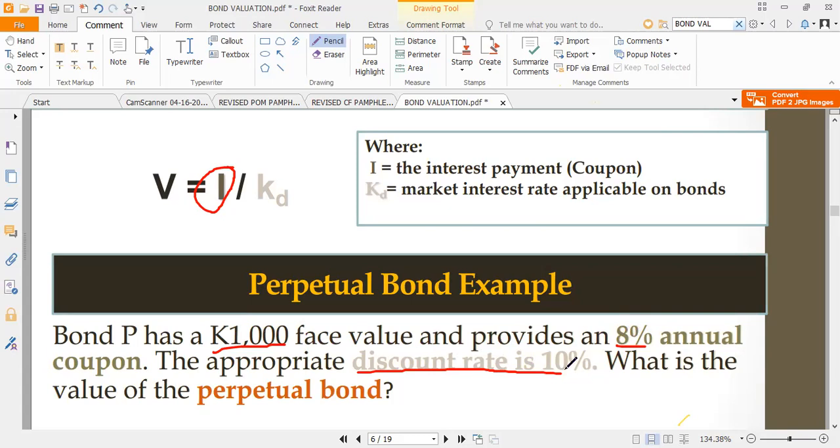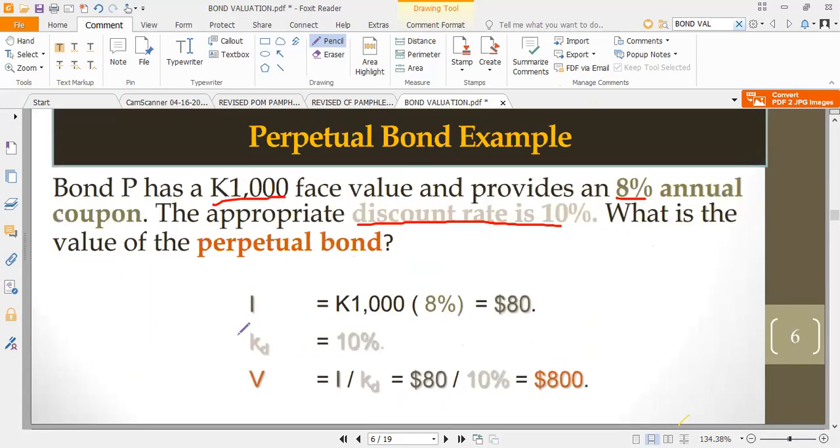Then we divide this by 0.10, which is 10%. So I over KD: here this is our 80 over 0.10, and it gives you 800. This is the value of a bond that never matures. It has a perpetual lifespan.